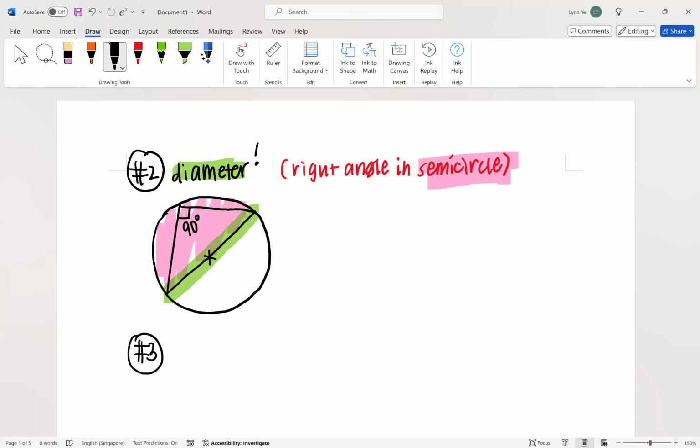My diameter. Can you see all these are my flow of thoughts? Because last time I used to give everybody notes like that. Remember I told you I used to give the notes like that? But right now I revamped the notes. I put it into flow of thoughts. So you know very clearly, step 1, what do I have to do? What do I have to find? Step 2, what do I have to do? What do I have to find? Don't forget to color code, super important, okay?